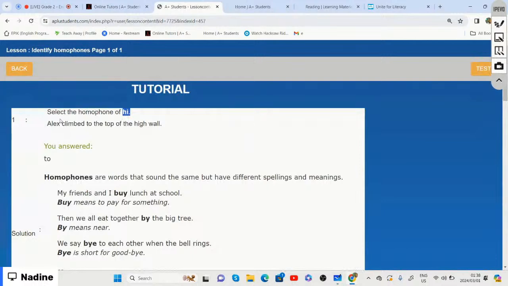So we need to choose one of these words within the sentence that sounds the same as the word hi. It's like greeting, saying hello or hey. So Alex climbed to the top of the high wall.